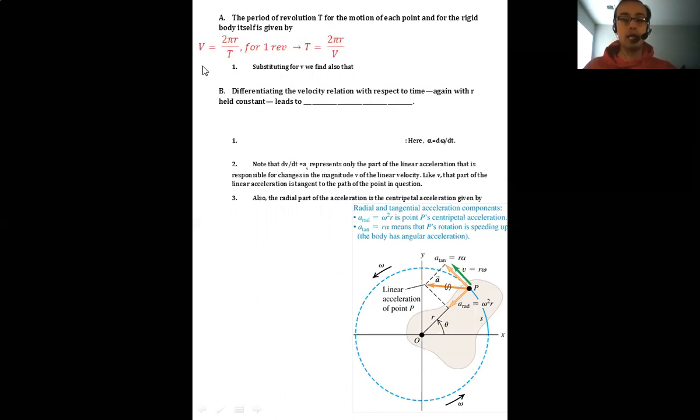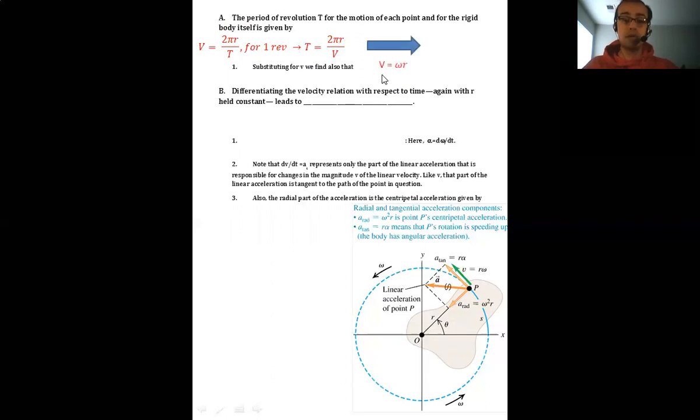Well, the straight line velocity is equal to 2 pi r over T. So 2 pi r, you might note, is the circumference of the circle, over the amount of time that it takes to go around that circle, and that's equal to the velocity. So the period, if we rearrange this, is equal to 2 pi r over v, over the linear velocity.